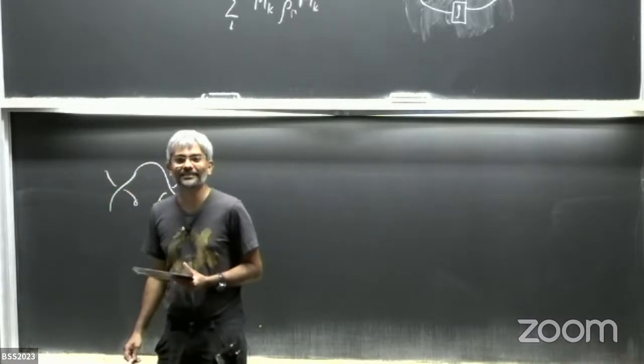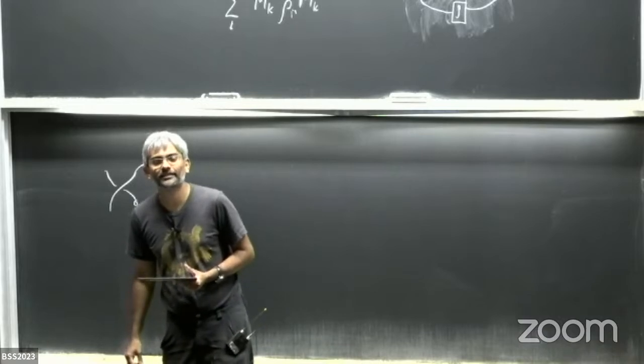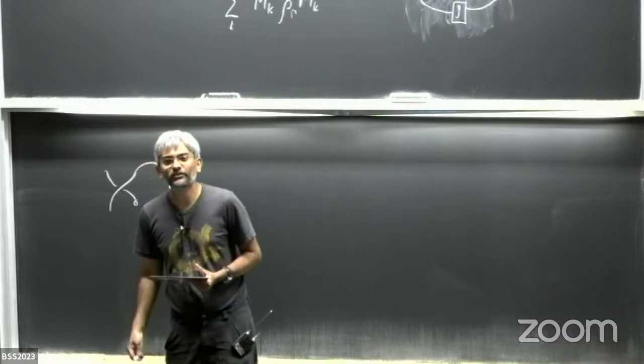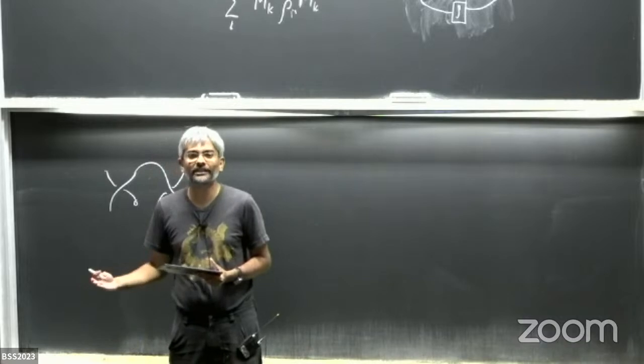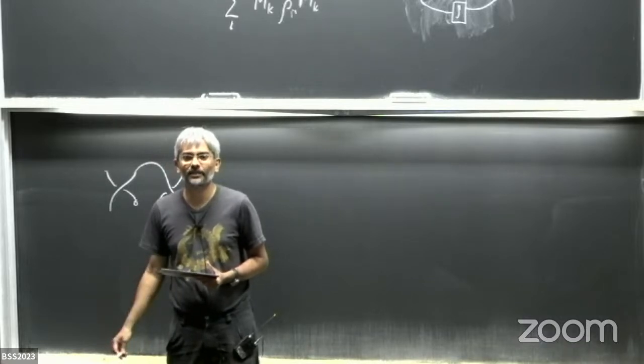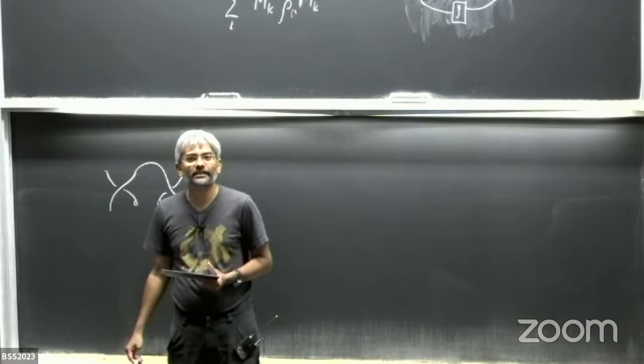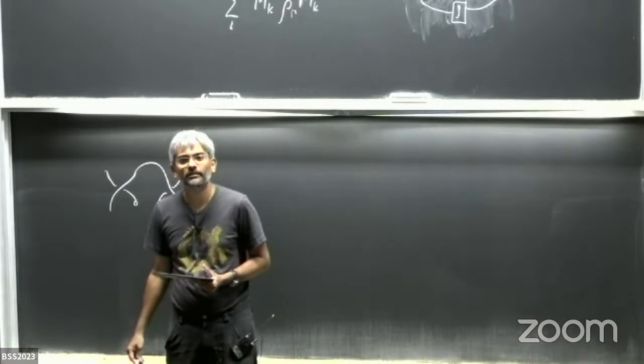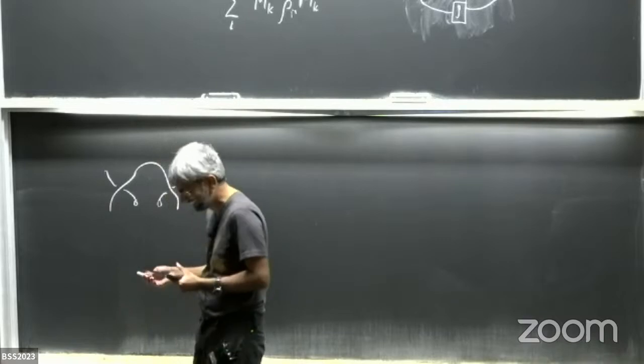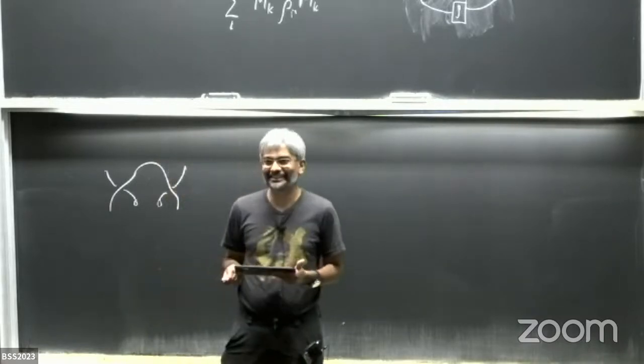So that's consistent with the light cone, right? You can sort of remove correlations. Yeah, maybe I don't completely understand the question. Okay, well, we can discuss later.